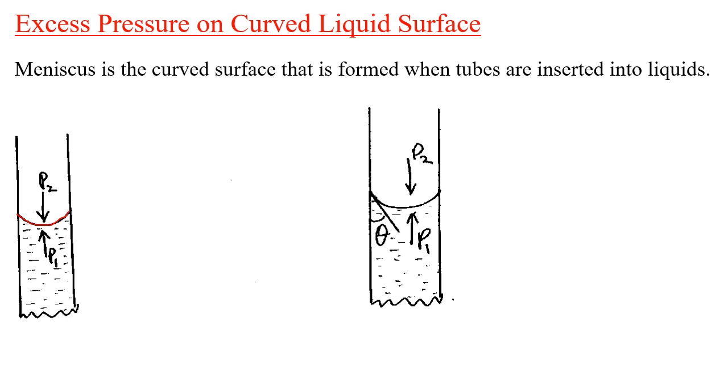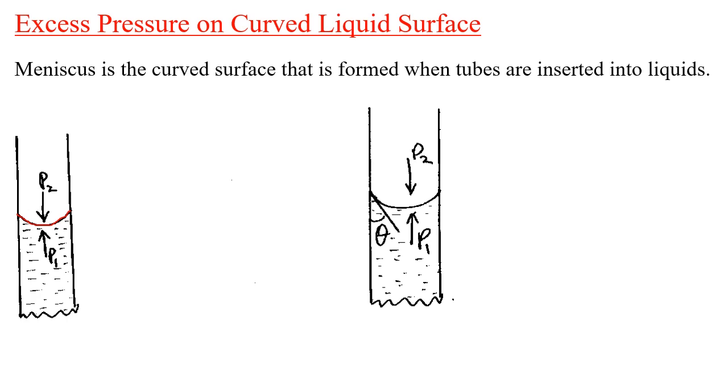From the picture, let's go to the right hand side of the picture. P2 is the pressure at the surface of the liquid, while P1 is the pressure within the liquid, and the cupped liquid surface is having an angle theta.